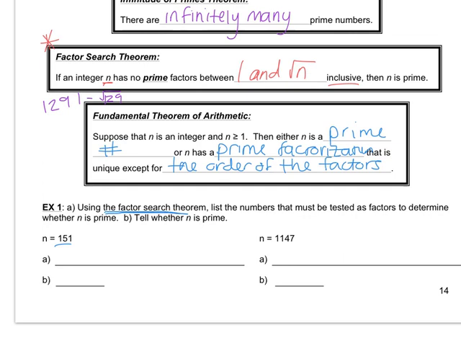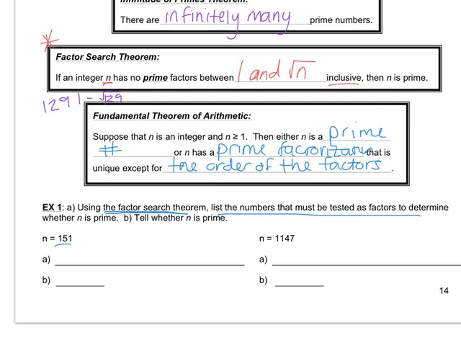Part A says, list the numbers that must be tested as factors to determine whether n is prime. So I need to test all of the numbers between 1 and the square root of 151. And if none of those are factors of 151, then it's prime.